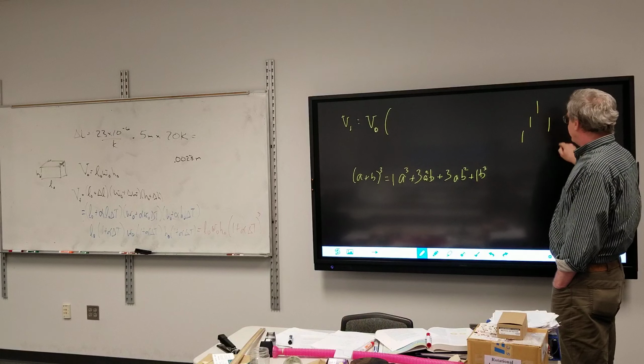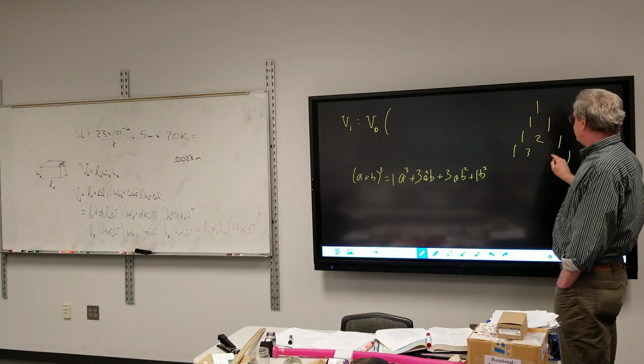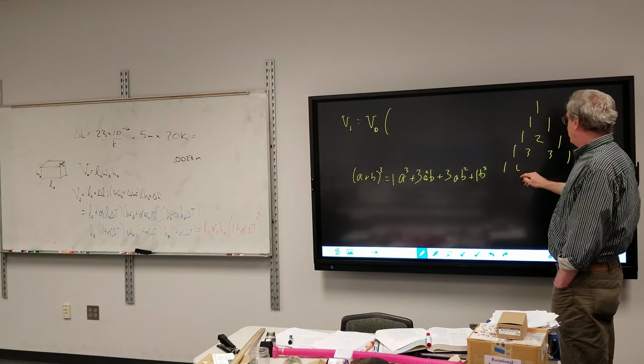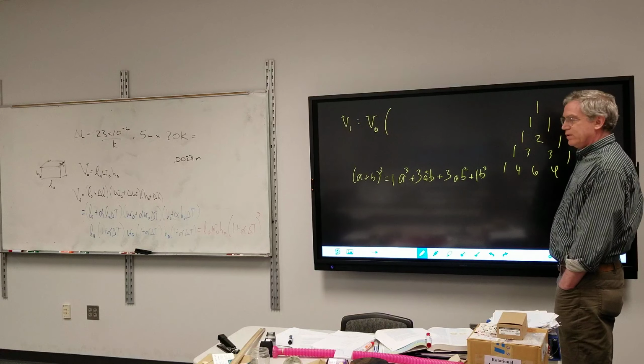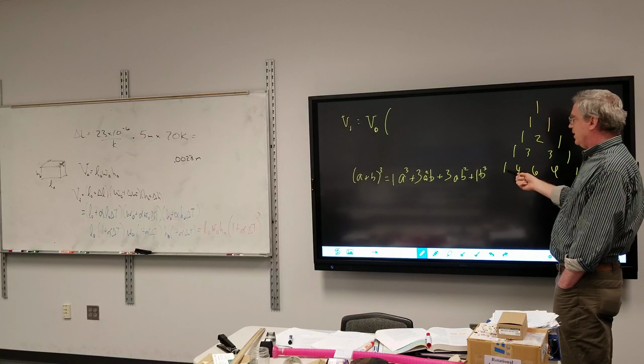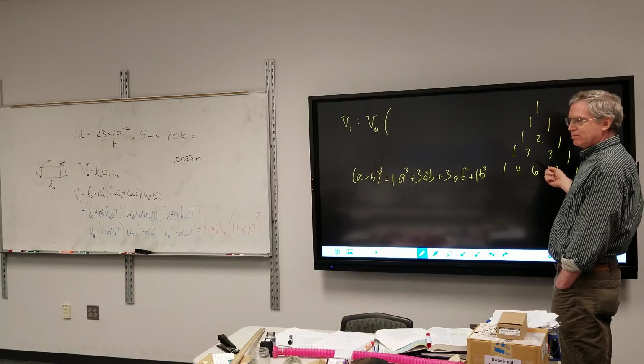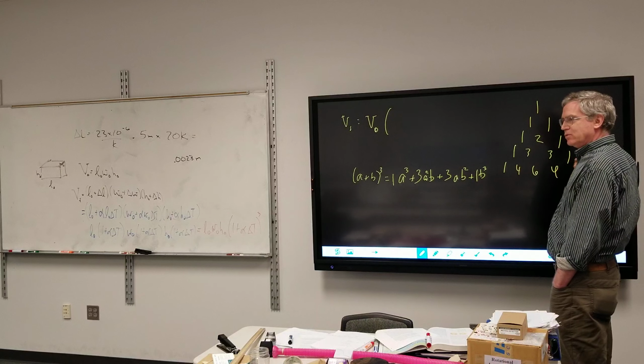So 1, 1 adds up to 2; 1, 2, 1 adds up to 3, 3, 1; then 1, 4, 6, 4, 1, and so on. These are the coefficients. So to the 4th power would be 1 a to the 4th plus 4 a cubed b plus 6 a squared b squared, and so on.